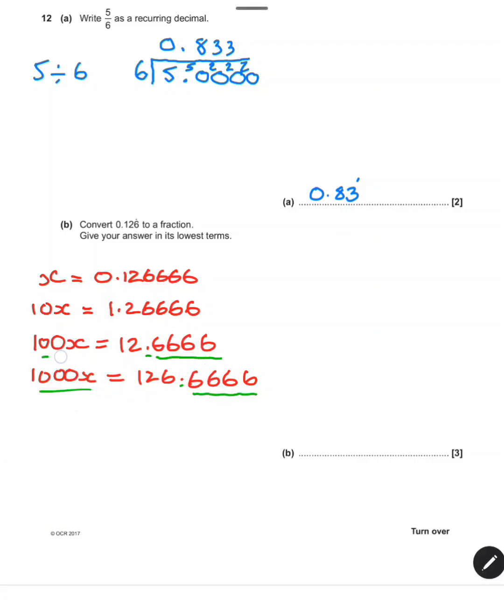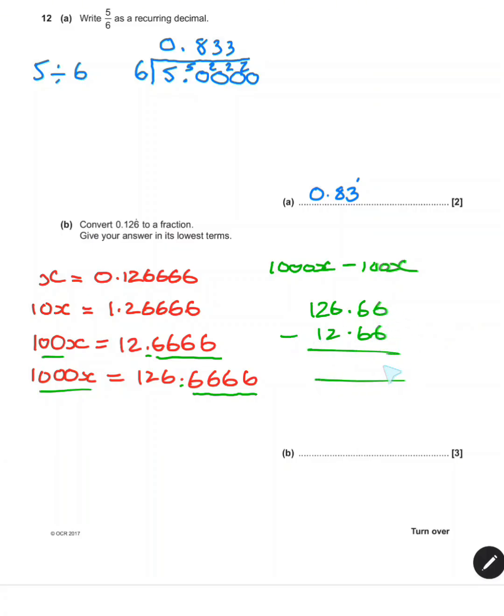So I'm going to pick these two and do 1000x, take away 100x, and that leads to 126.66, take away 12.66. I've left off all these extra 6s because what's going to happen is they're going to vanish anyway. 6 take 6 is 0. 6 take 6 is 0.